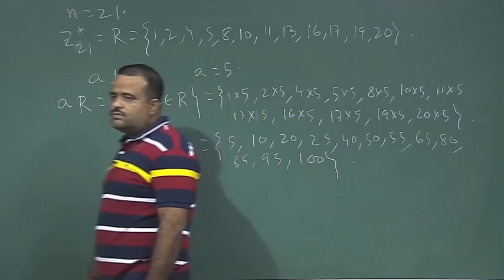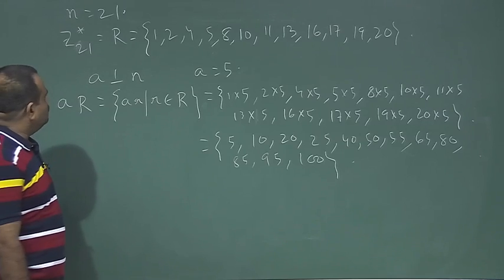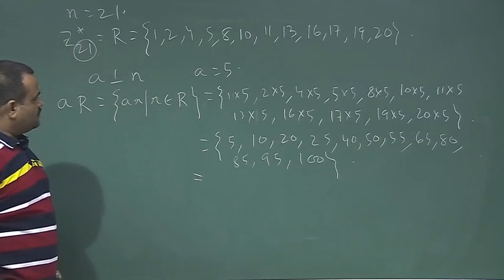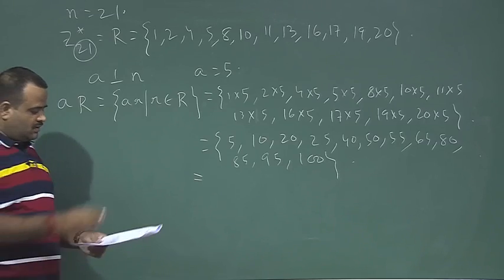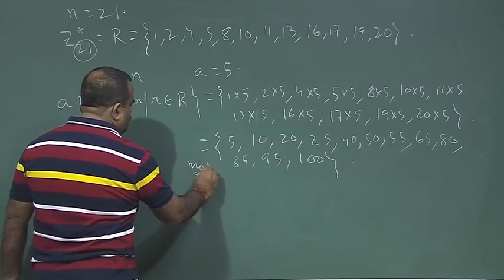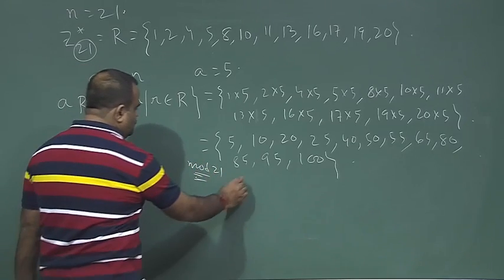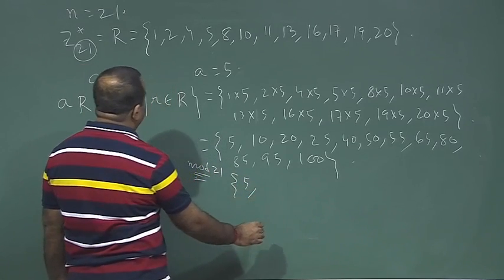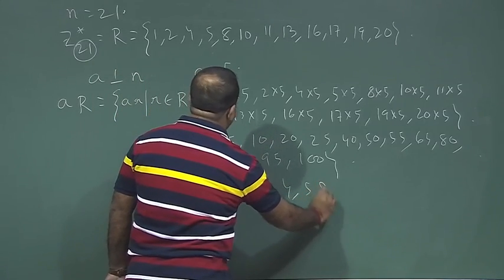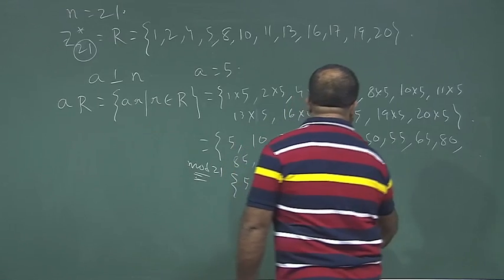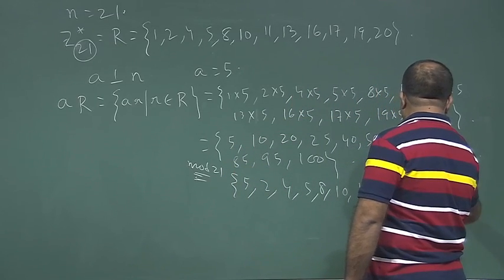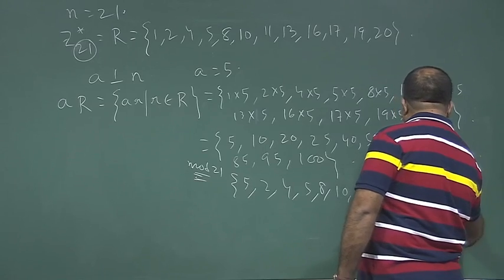Now, if we perform the modulo operation, mod n, where n is 21, it will give us 5, 10, 20, 4, 19, 8, 13, 17, 16, 11, 2 and 1. So, this is basically the R set.